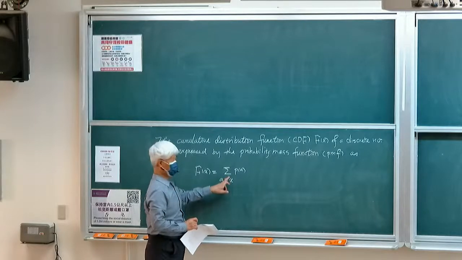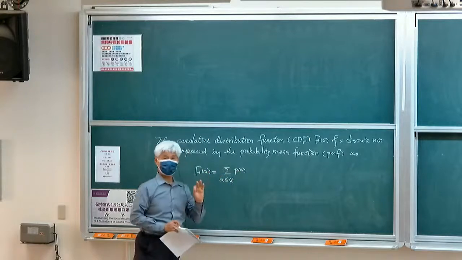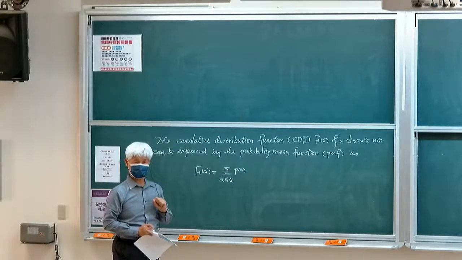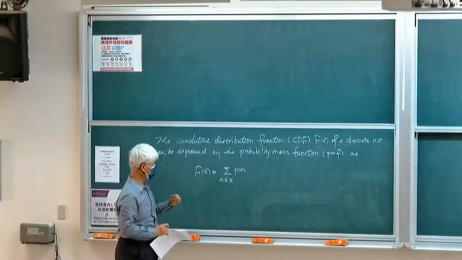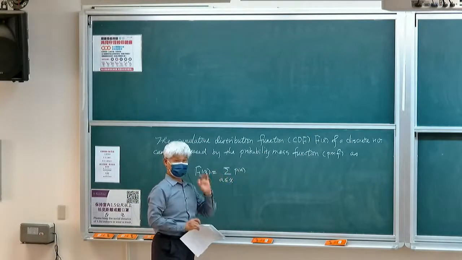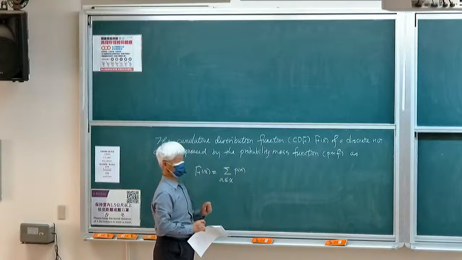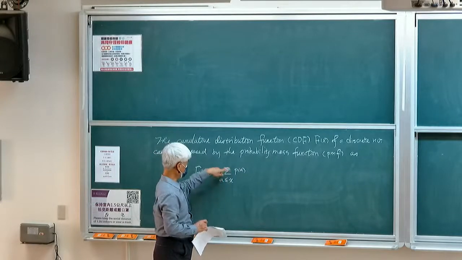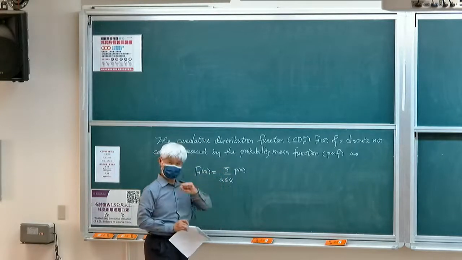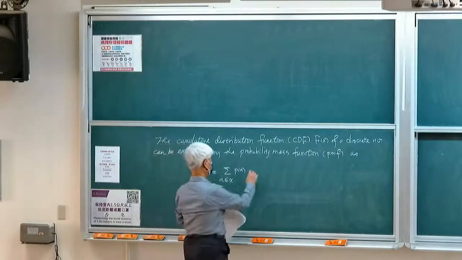And as you see, the P(a) is positive only for countably many possible values a of the discrete random variable. So indeed, this sum is a countable sum.